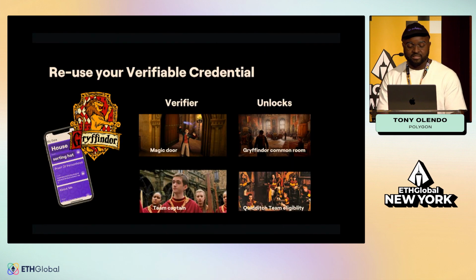And if you have that, then the verifier could be a magic door, and when you go to the magic door, it unlocks the Gryffindor common room. Or it could be the team captain, and because you're of House Gryffindor, you could then be eligible to join the Quidditch team. So those are simplified examples of how you should conceptualize how you could use Polygon ID in the absolutely real world that is the Harry Potter universe, right? Because it exists.